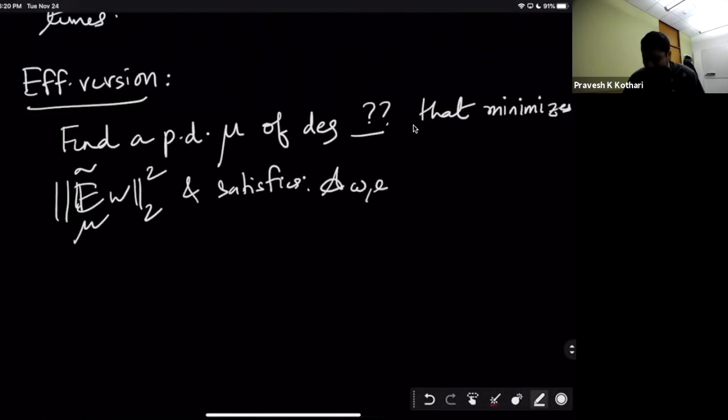So at least I have written down something that syntactically makes sense, right? Let's call this some number T for now, okay?